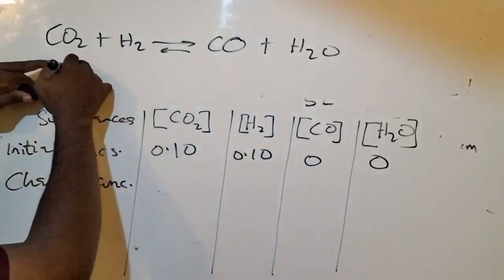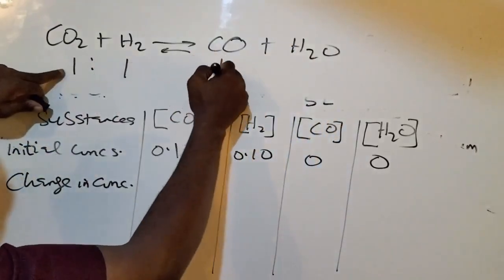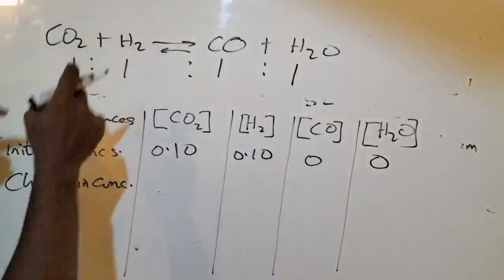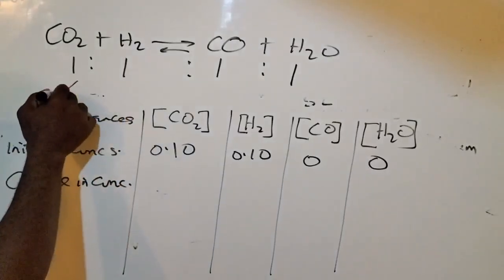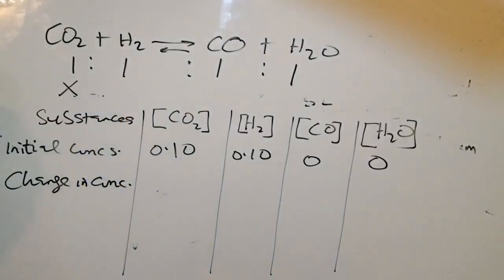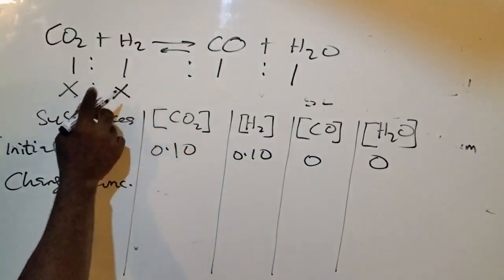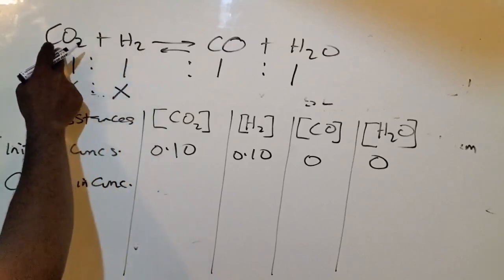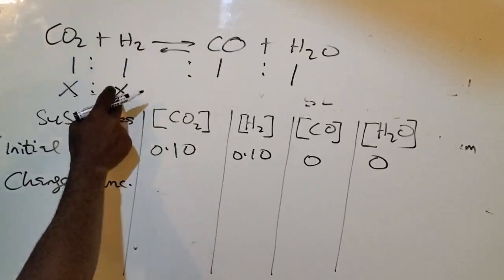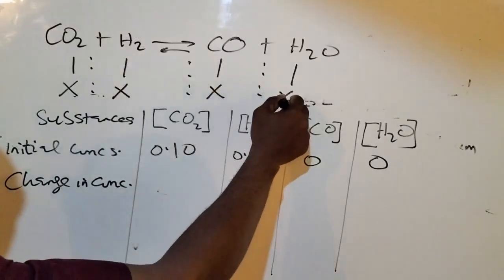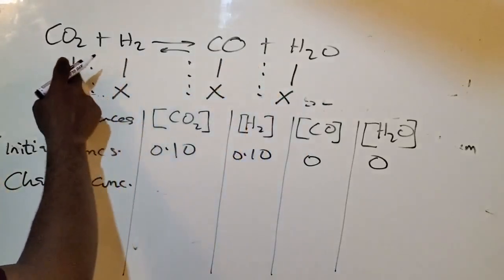The ratio is 1:1:1:1 in terms of number of moles. So let's assume that S moles of CO2 decompose to give the product. Then we will still have S moles of hydrogen that decompose because the ratio is 1:1. So S moles goes out from this one, S moles will still go out from this one, to produce also S moles of this and S moles of that because they have equal stoichiometric ratio.